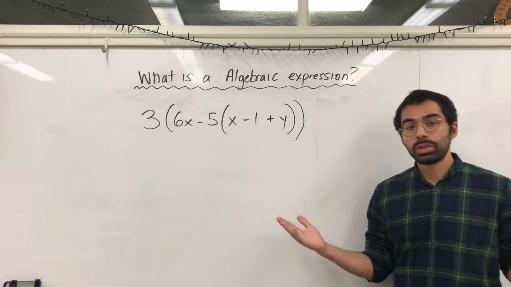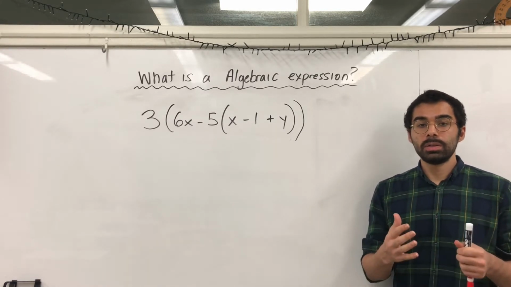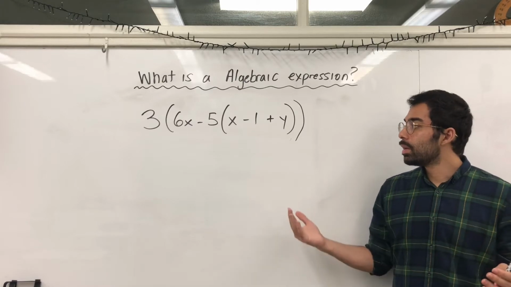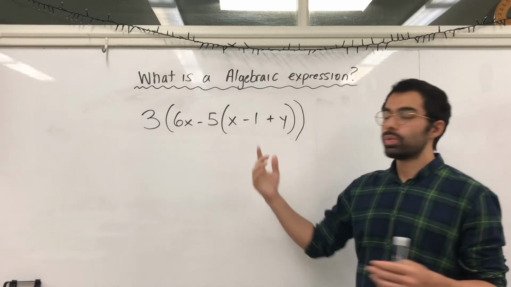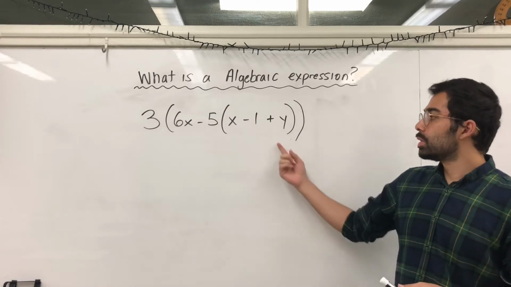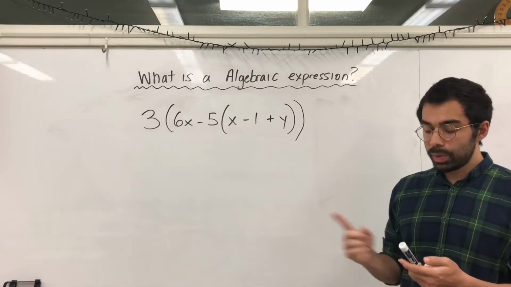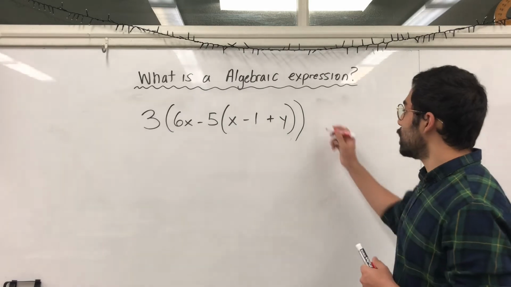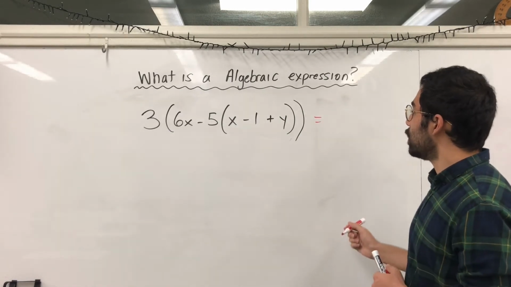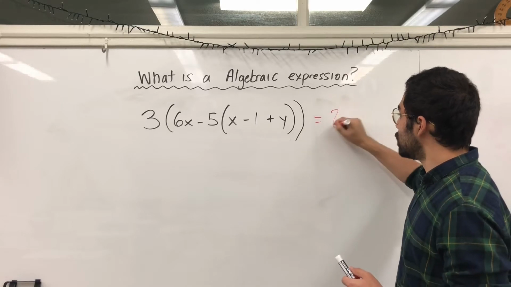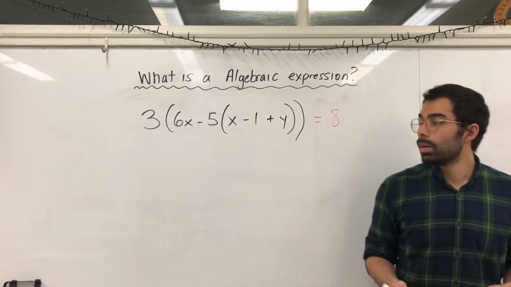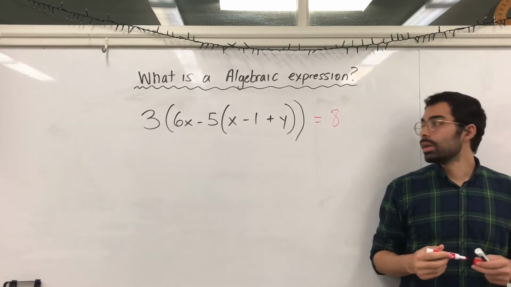An algebraic expression is constants and variables being connected by operations. What I mean by operations is a plus or a minus, okay? The reason this is not an equation is because it's not equal to anything. Could be 8x, could be 8, could be anything that I put on the other side of the equal sign.